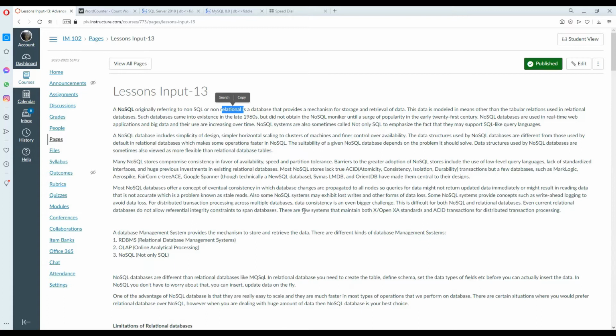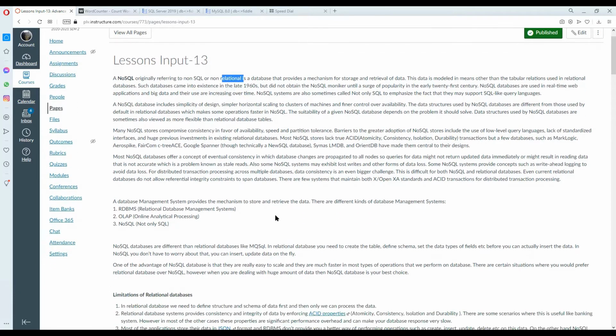The data structures used by NoSQL are different from those used by default in relational databases, which makes some operations faster in NoSQL. The suitability of a given NoSQL database depends on the problem it should solve. Data structures used by NoSQL are sometimes also viewed as more flexible than relational database tables.